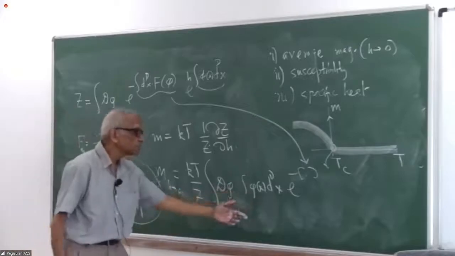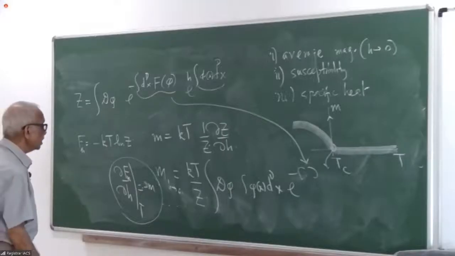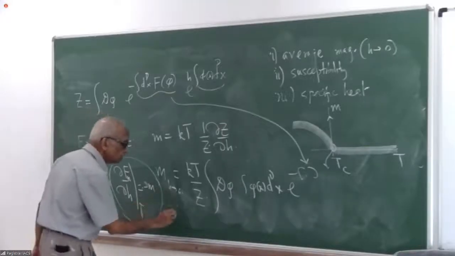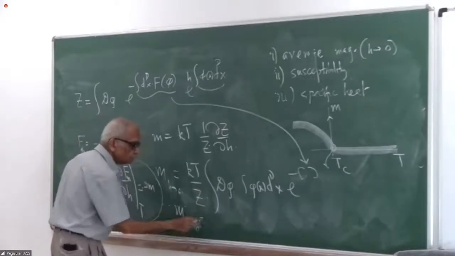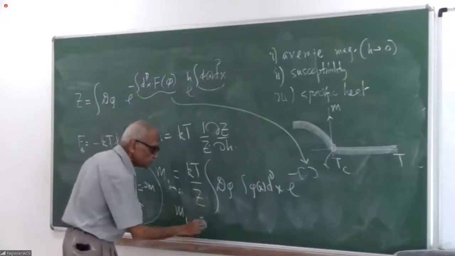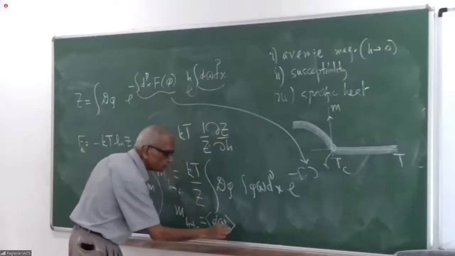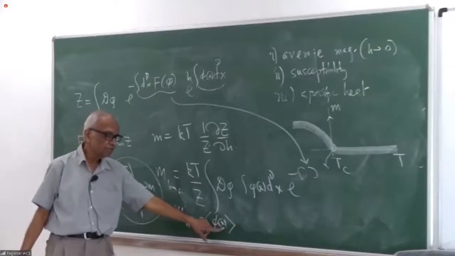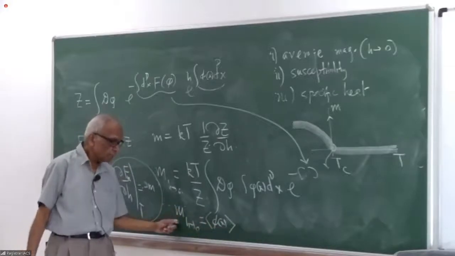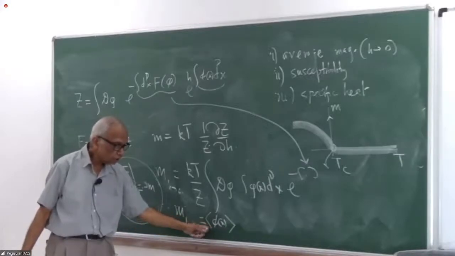The ddx simply gives you the volume, which makes it the extensive quantity. So this m, with h tending to 0, just ignoring the rest of it, is really at this point the average value of the field phi of x. So m of h tending to 0 is the average value of phi of x.